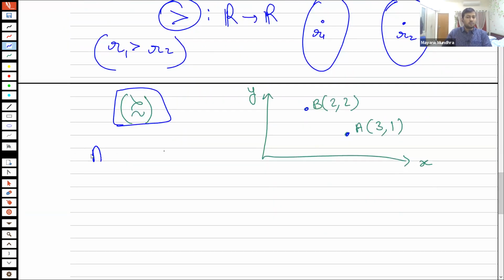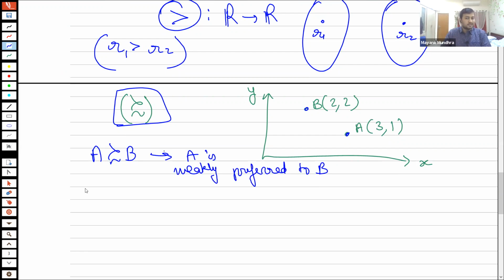Right? So if it tells me that A swiggle B, it means that A is weakly preferred to B. Okay. And if it tells me that A swiggle B is false, that is, does not give me this output, it means that this thing is not true.